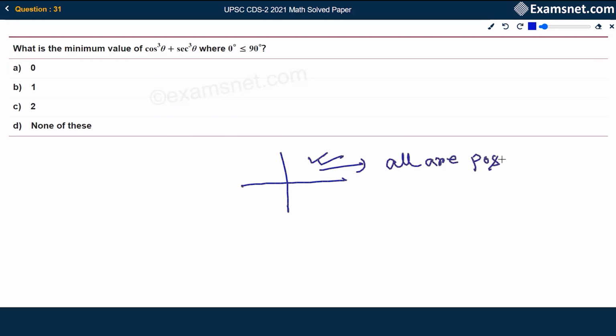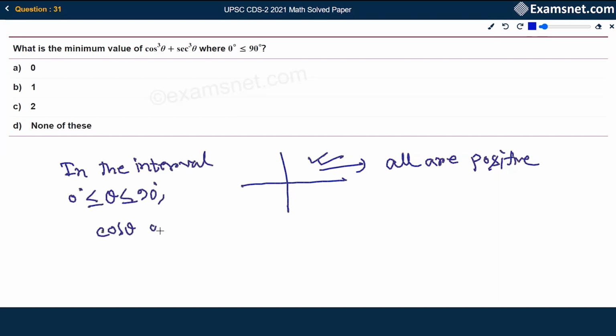So obviously in this interval, cos theta and sec theta both are positive.